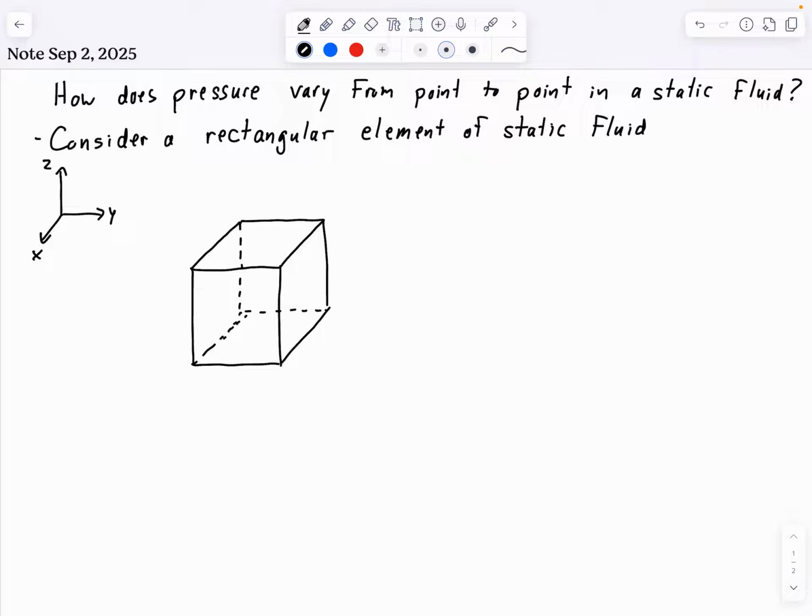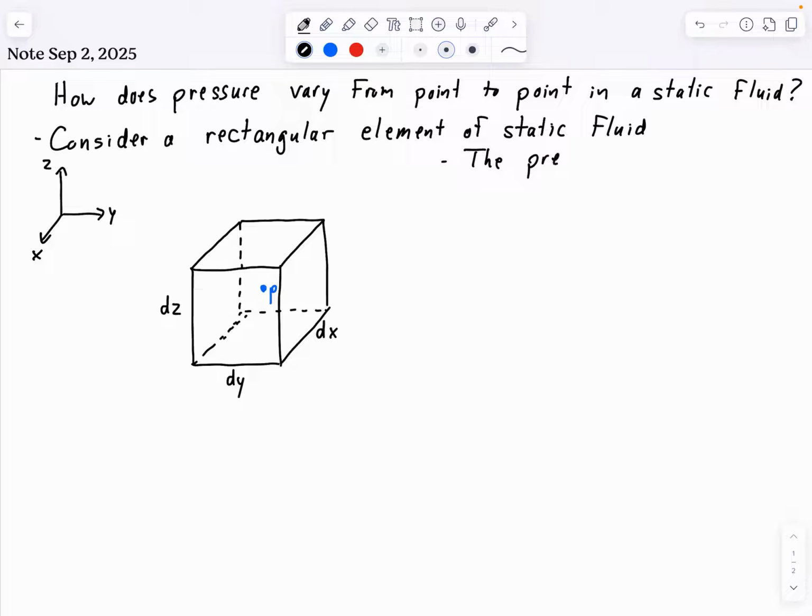Okay, so here's our little cube, and our cube has dimensions of dx on this side, dy on this side, and dz vertically. This cube has a pressure of P at the exact center, so we will make a note of that.